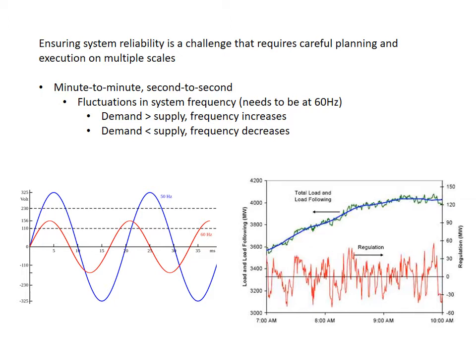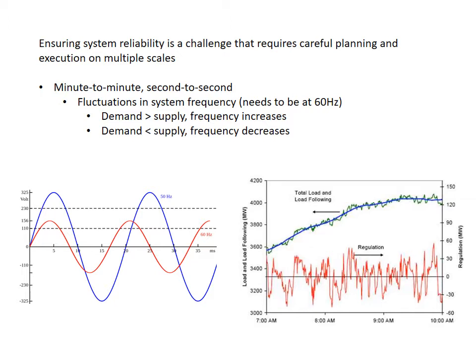The green line is what the utility actually sees on a minute-to-minute basis, and you can see that demand for electricity fluctuates around the smooth blue line in a noisy fashion, and that noise, if you blow it up and look at it, is what you get in the red plot below.